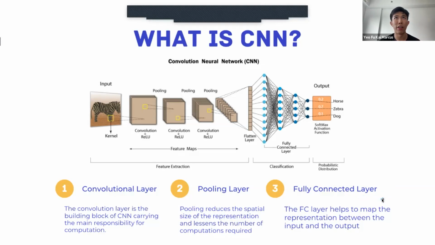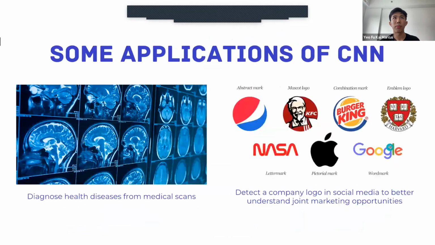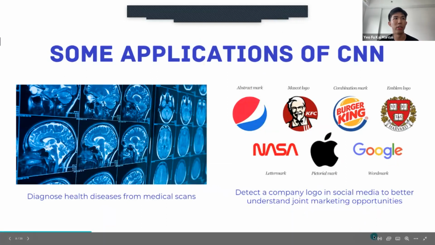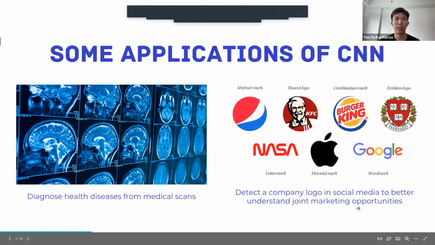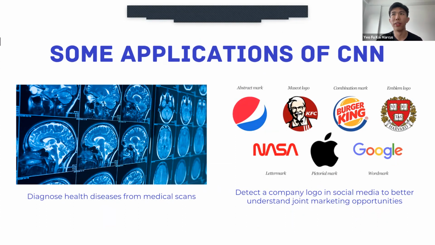So this is just a rough idea of CNN. And also here are some of the applications of CNN. You can use X-rays and medical scans to detect health diseases, or even analyze company logos to come up with marketing campaigns. So these are some interesting applications of CNN.